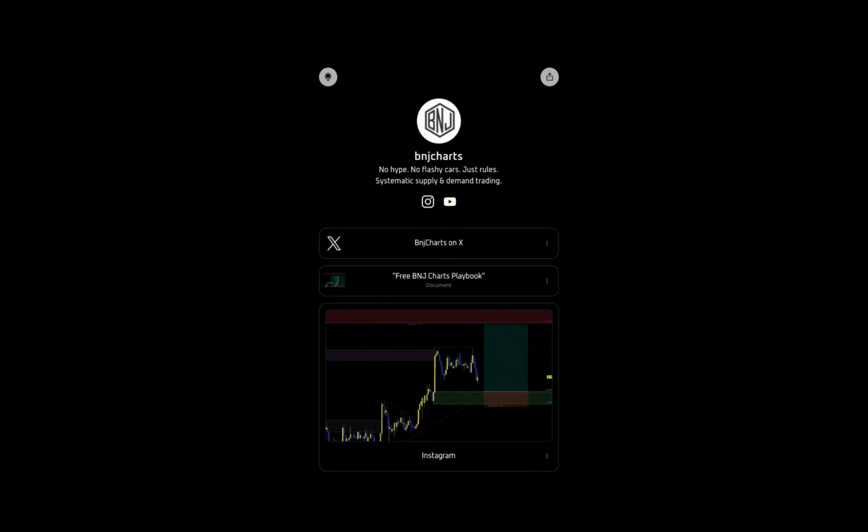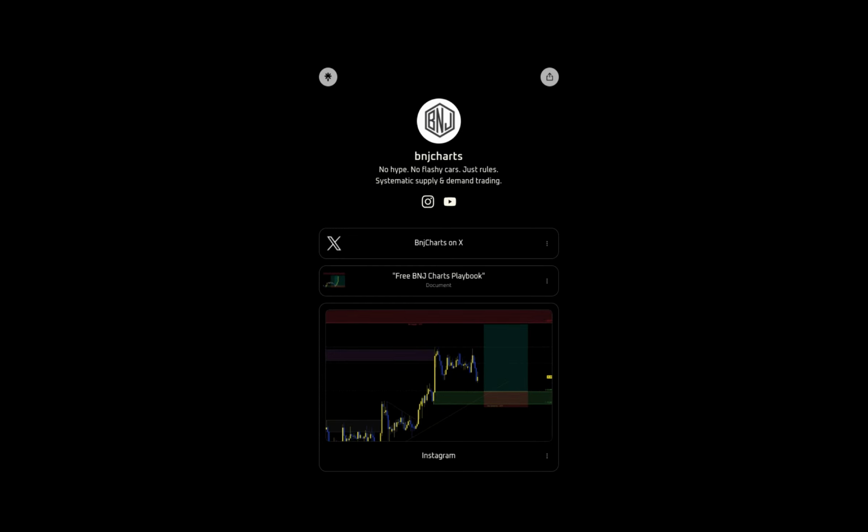Certain traders are struggling at the moment because they can't find the edge, and I definitely found my edge with supply and demand, and it makes it so easy. I don't have stress while I'm trading. I do not have any pressure, because there are certain strategies that don't follow step by step.